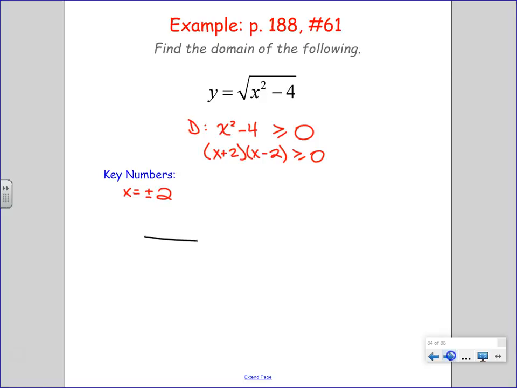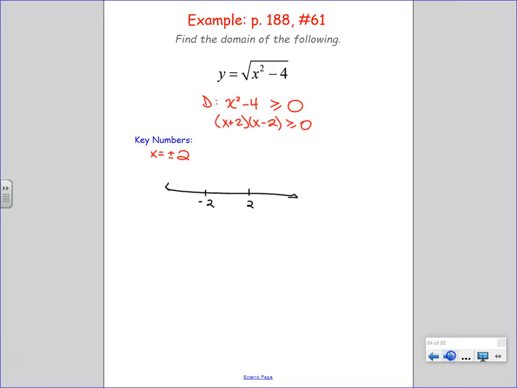Where am I going to put them? I guess I had to tell you the answer before. In a number line. Okay. Negative 2, positive 2. Now what? Open or closed? Closed because allowed to equal. Now what?